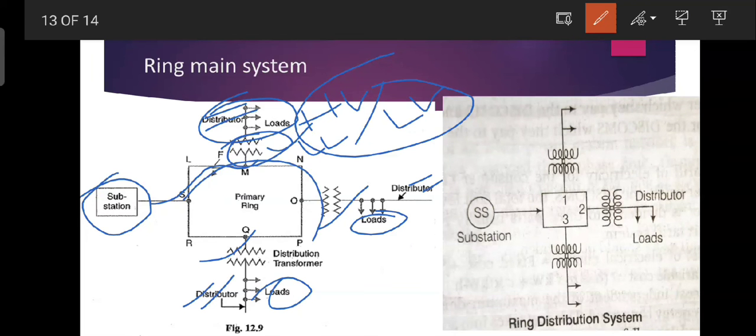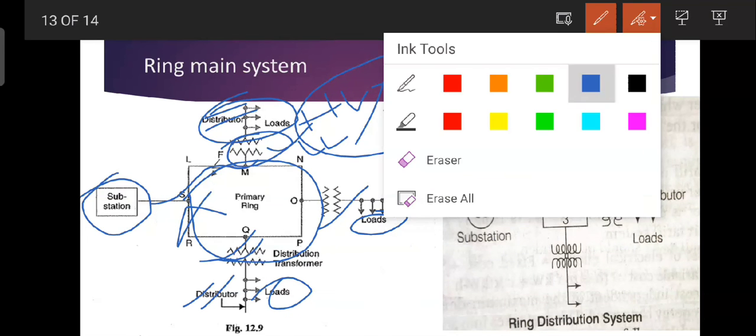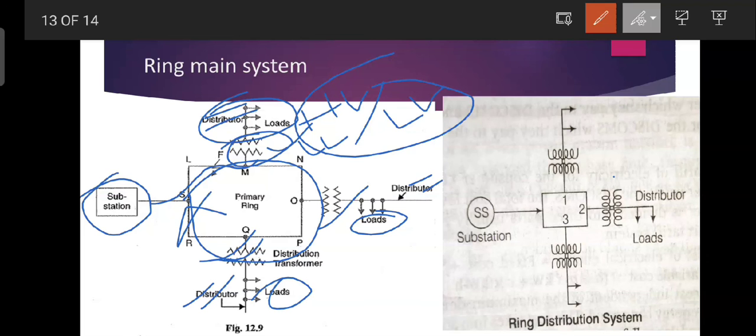And this is our ring type, so it is called a ring main type. Okay, so here is a fault location. If any fault occurs over here, then the current will flow from this side and the power will continue to be supplied to all the loads. So it is the main advantage of the ring main type.